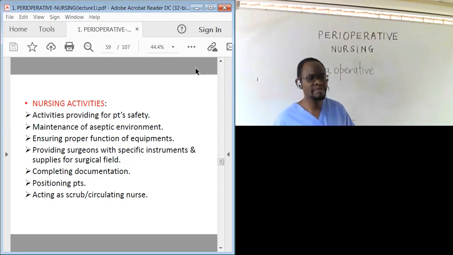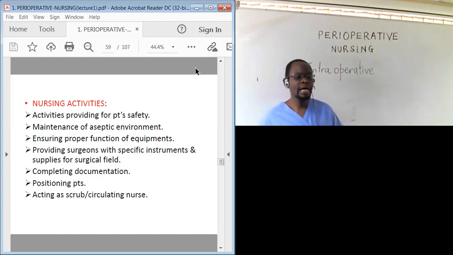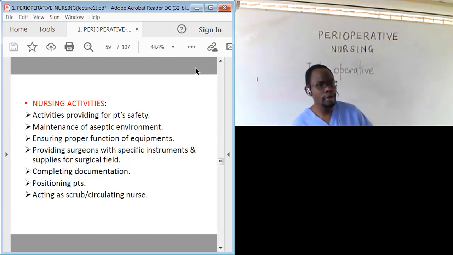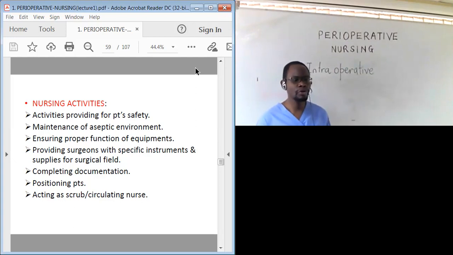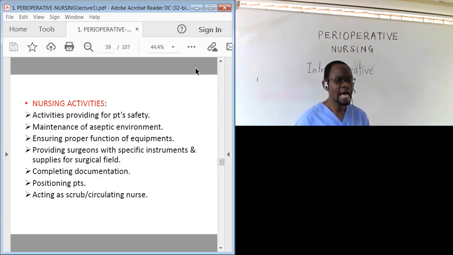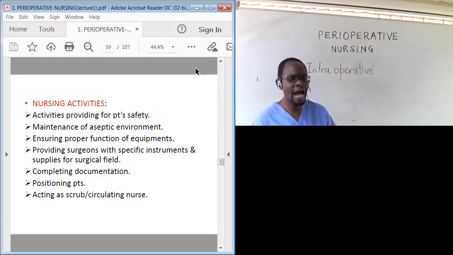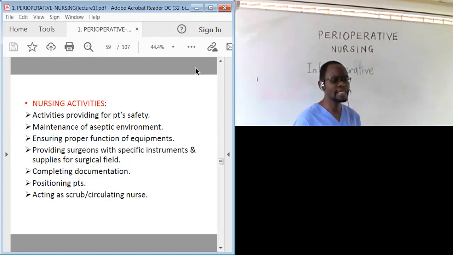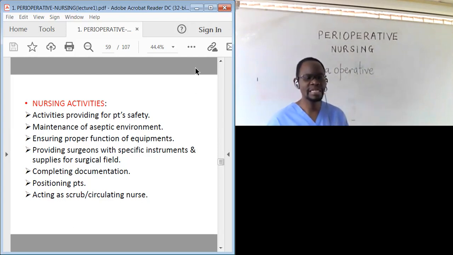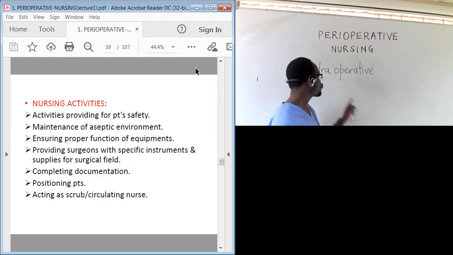Providing surgeon-specific instruments and supplies, completing documentation, positioning the patient, and then acting as either scrub or circulating nurse. Those are activities that nurses do when it comes to intraoperative nursing.